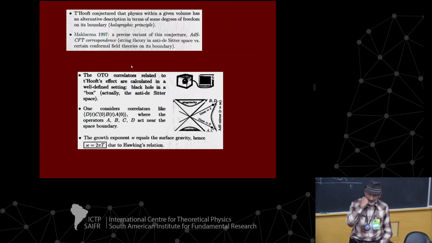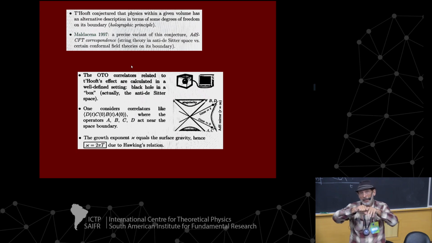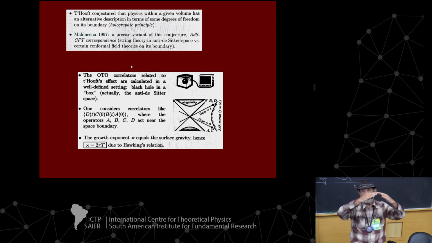Essentially, the high energy people and cosmology people said that close to a black hole, the system will be maximally chaotic. Why? Because two particles that are falling into the black hole that start very close will end up far away, because the difference in gravitational field will be so different that it will be very unstable. It's the same idea as putting a particle on top of an inverted harmonic oscillator.